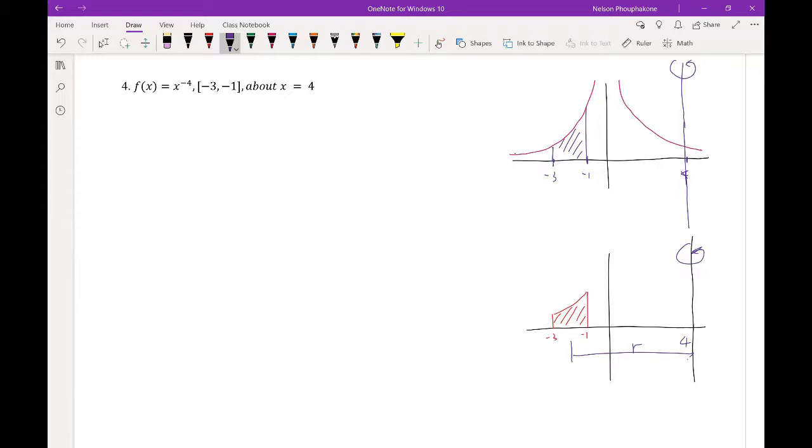Okay, so again, you will see that from here to here is the x, and then from here to here is actually 4.